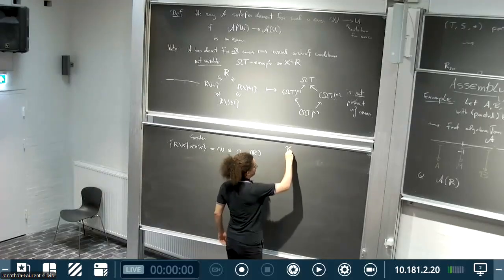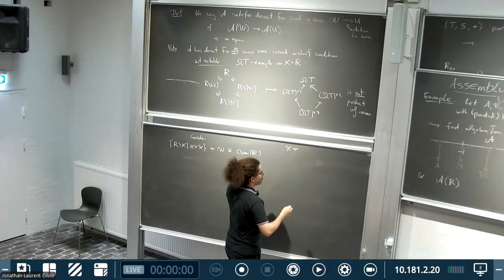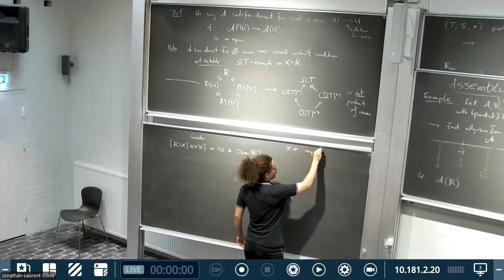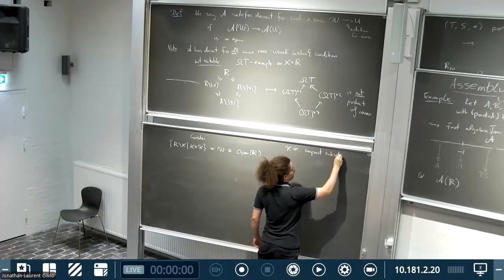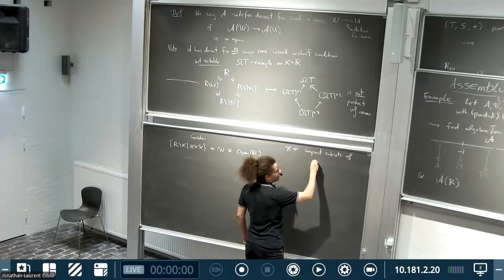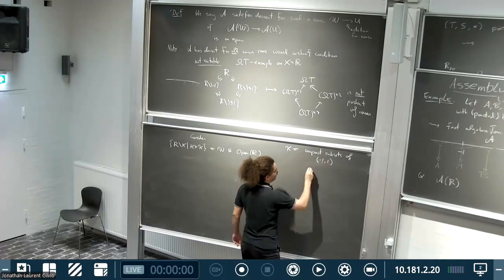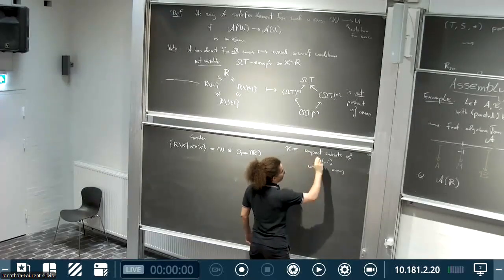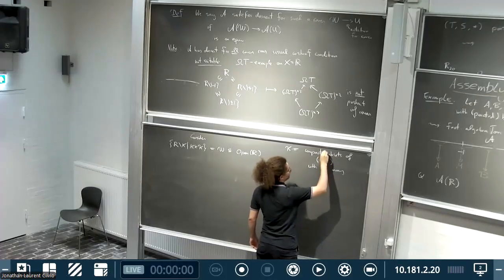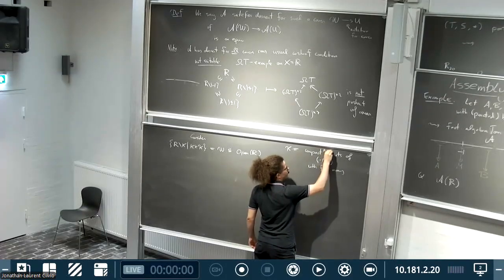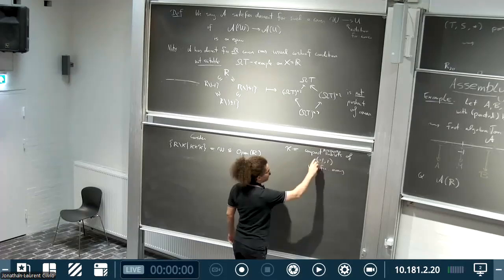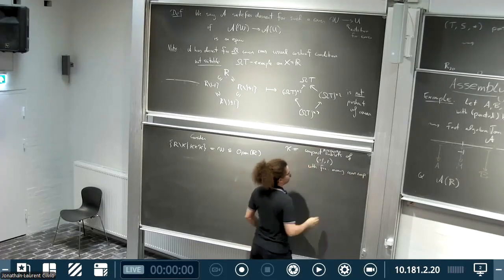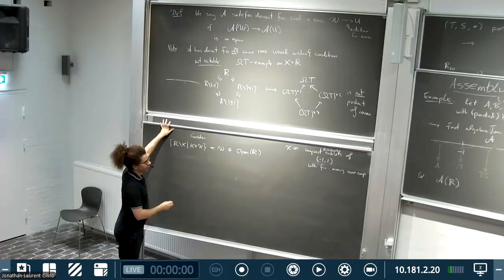Curly K is the set of compact non-empty subsets of [-1, 1] with finitely many connected components. And then we take all complements of such things.